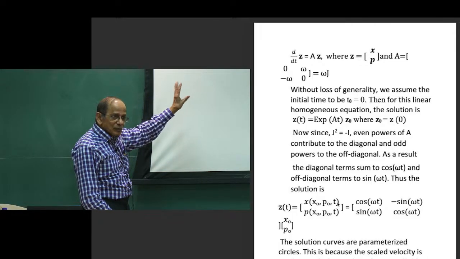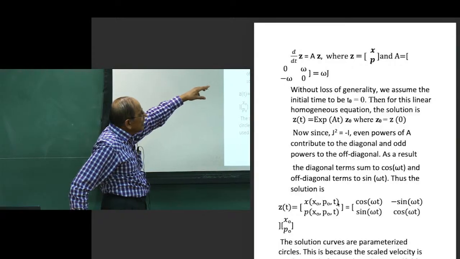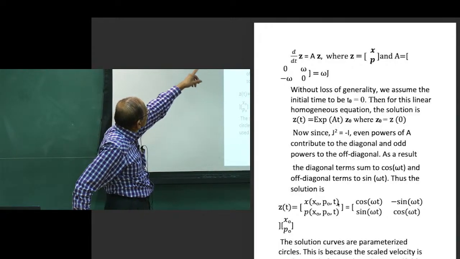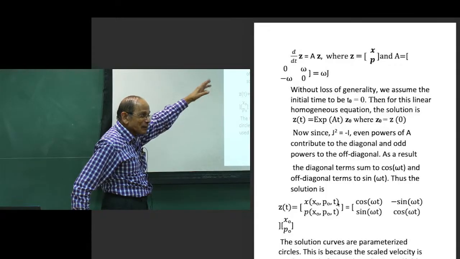Now, I am putting it in the form of a two-dimensional matrix equation, that is the top line. dz by dt is Az, where z is the column x, p, and the matrix A is 0 omega, minus omega 0.